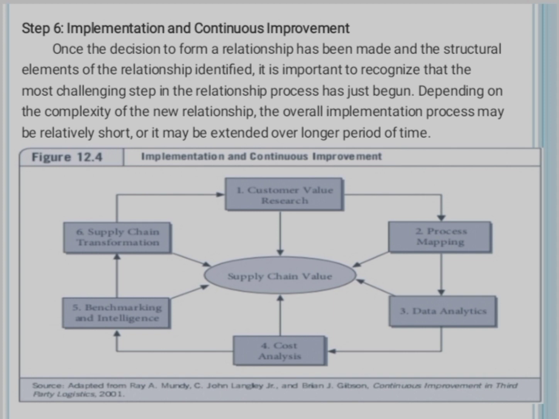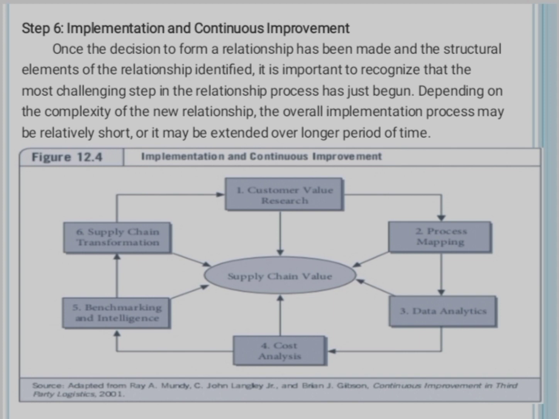It is used to gather and analyze information about the performance of the relationship, and cost analysis is conducted to ensure that the relationship is financially viable. The next step is to conduct benchmarking and intelligence to determine best practice and identify areas for improvement.